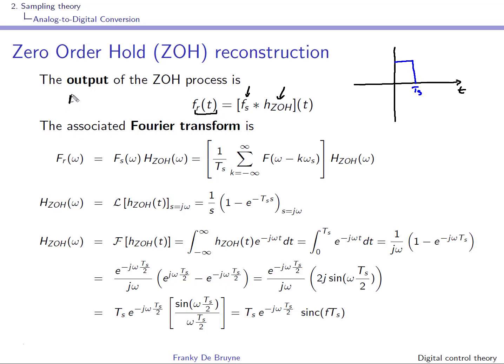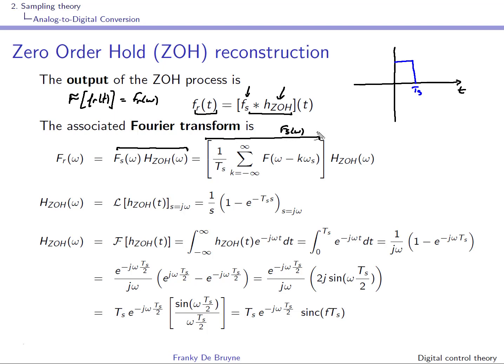So the Fourier transform of the reconstructed output will be Fr of omega. And since you take the convolution in the time domain, you know that this is going to be a product in the frequency domain. So what we can do is take Fs of omega.